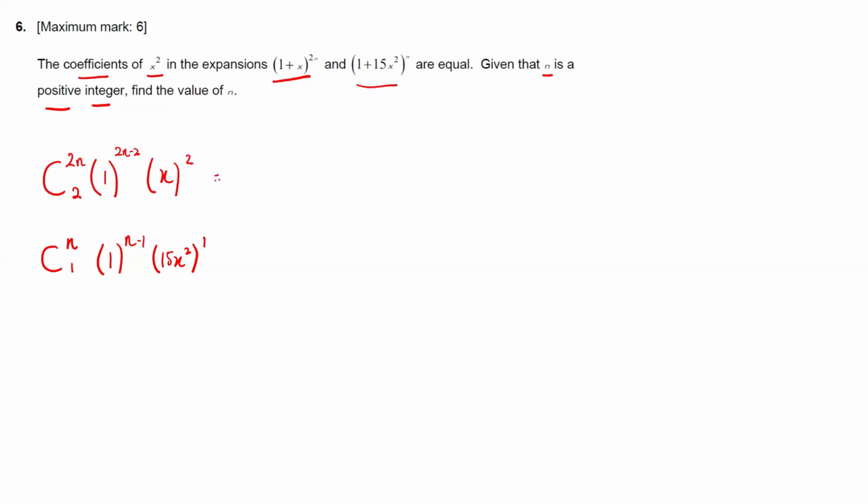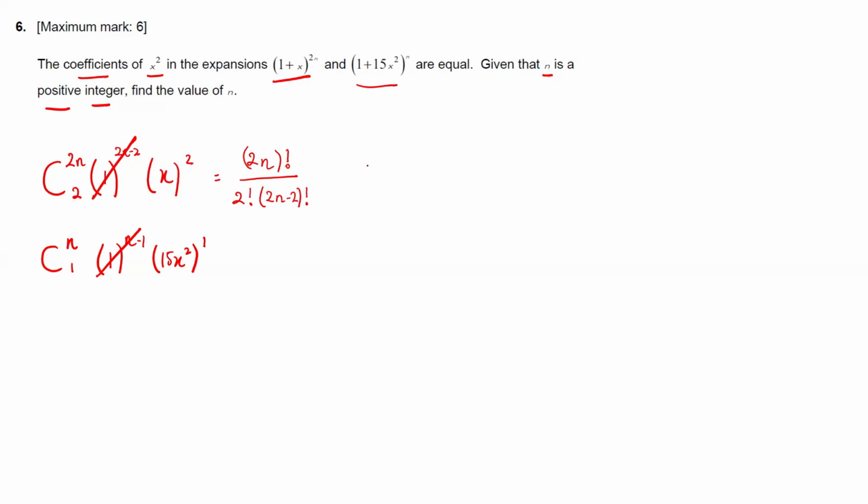So this is the combination that we will have for each. It means that let's expand this all. Now I will cancel this and this because 1 to the power of anything will just be 1. So let's go with the combination. The combination is going to be 2n factorial divided by 2 factorial and then multiply with 2n minus 2 factorial.